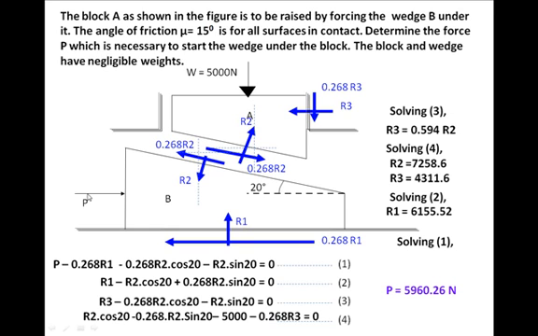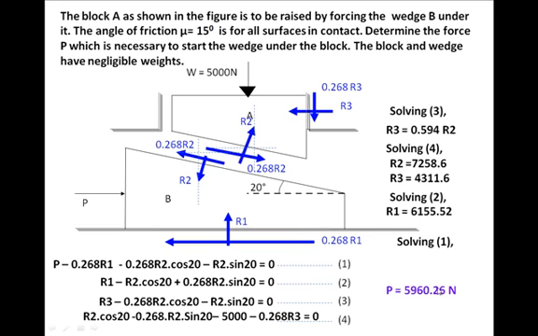So we have managed to solve for P, and this lower body is wedge shaped, so this is called wedge friction. The speciality of this is that the wedge weight, and in this case even the upper body weight, is neglected. Sometimes the 5000 is clubbed with the upper body and together the weight may be 5000, but the wedge weight is surely very small compared to what you are trying to lift.